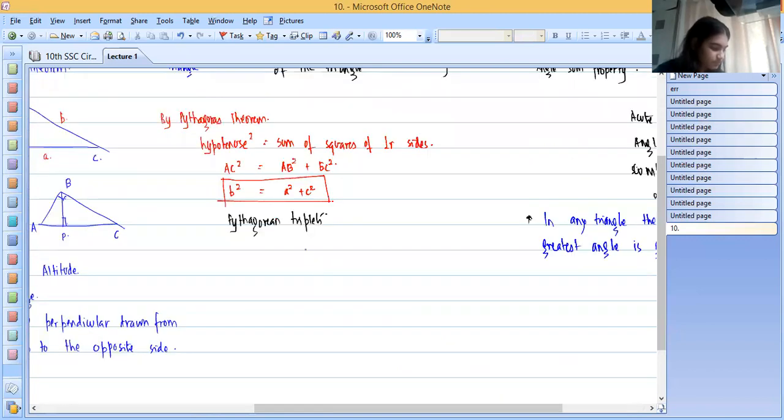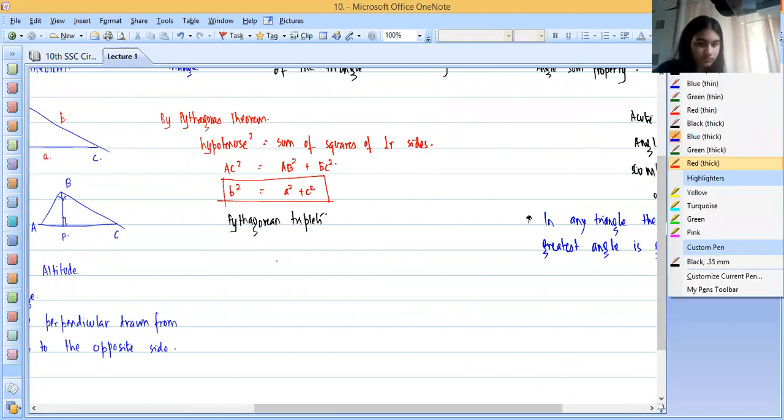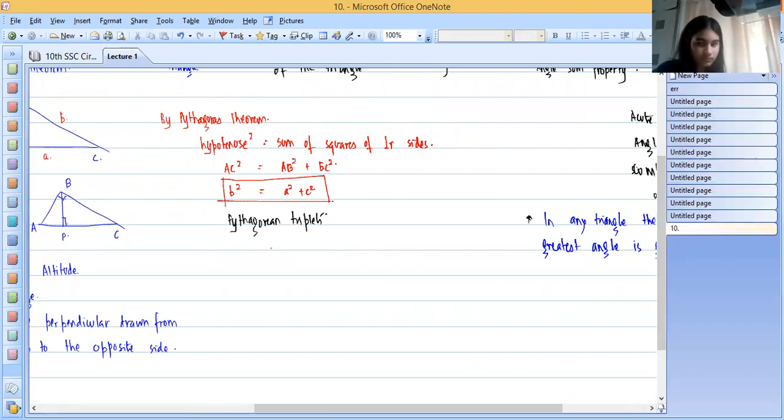So we look at Pythagorean triplets. The Pythagorean triplets are a set of 3 numbers such that they correspond to 2 perpendicular sides and hypotenuse.